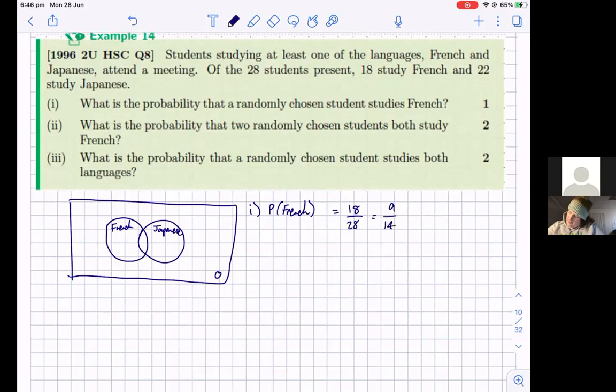Again, why did I do that in my calculator? Probability that 2 randomly selected students both study French. Well, we've got the first one studying French and the second one studying French. 81 on 196.